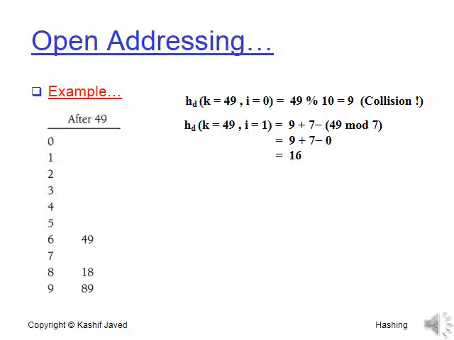Now let's insert number 49 in our hash table. The hash value computed for number 49 by using double hashing, when sequence probing variable i equals 0, is 9.